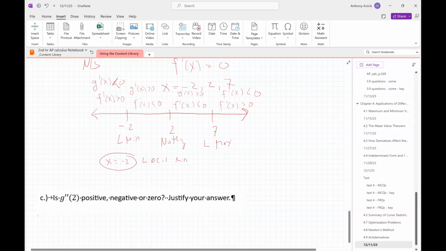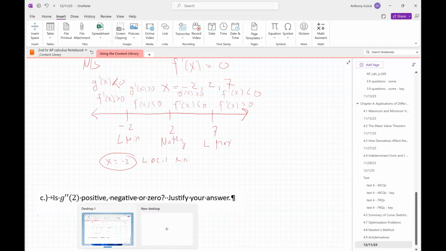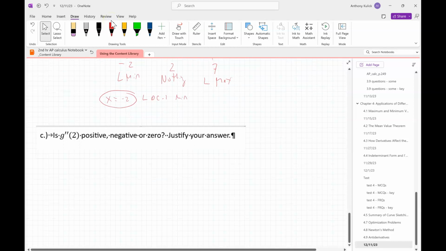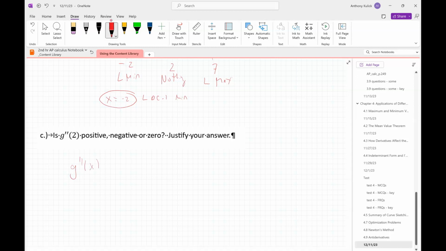The next part asks: is g prime of 2 positive, negative, or 0? Well, I'm going to start with g prime of x, which we said was negative e to the negative f of x times f prime of x, right? To differentiate that, I need to use the product rule.